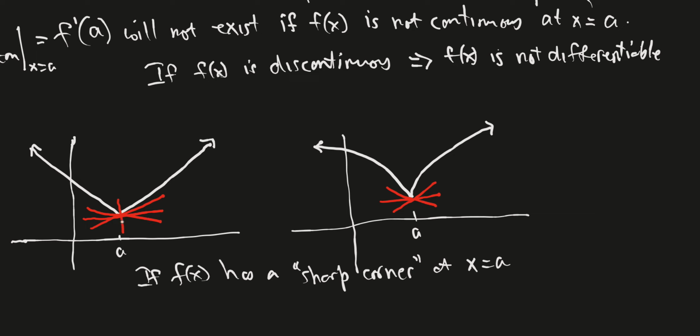We can't find a well-defined slope, right? So then f prime of a does not exist. All right? So we can see discontinuities, bad. Sharp corners, bad.